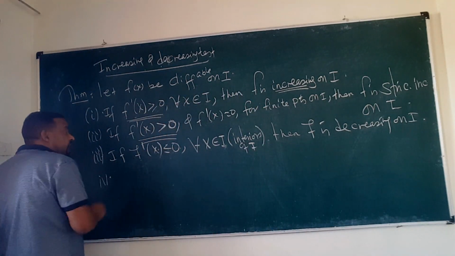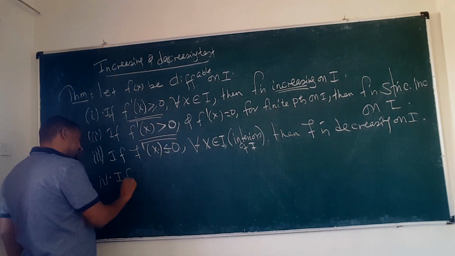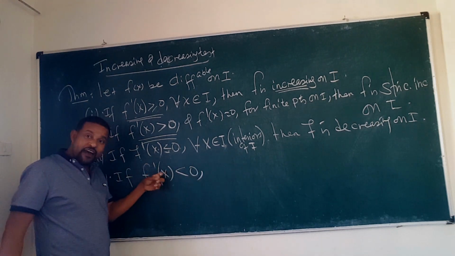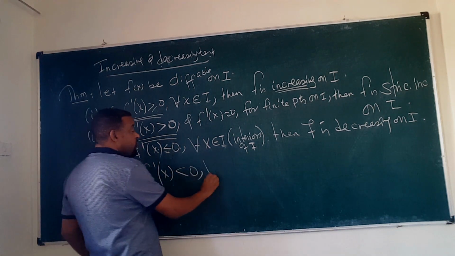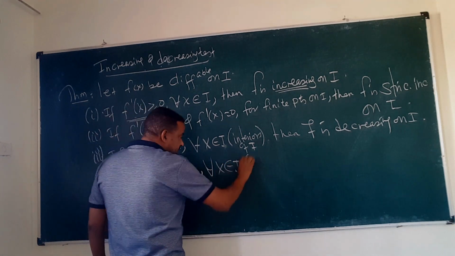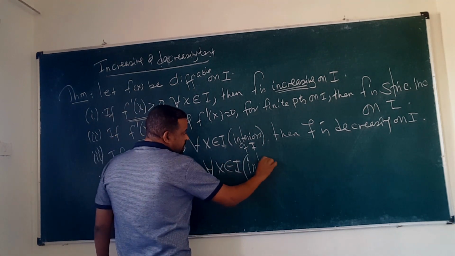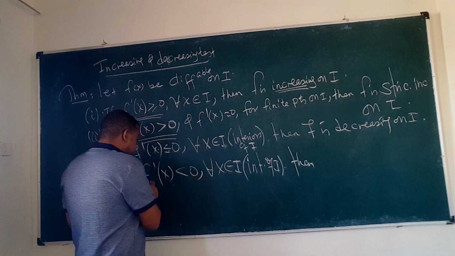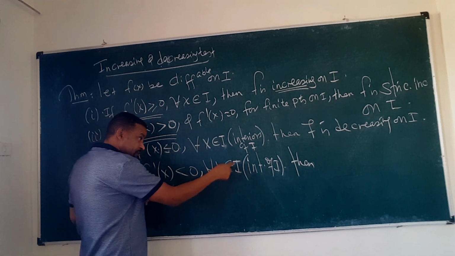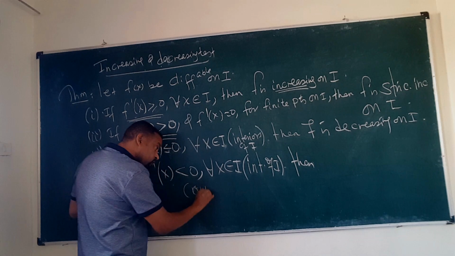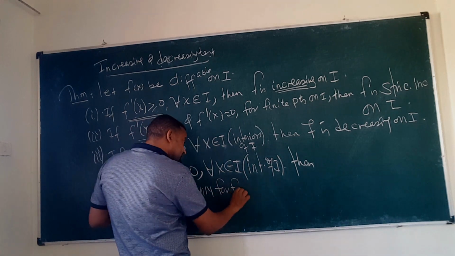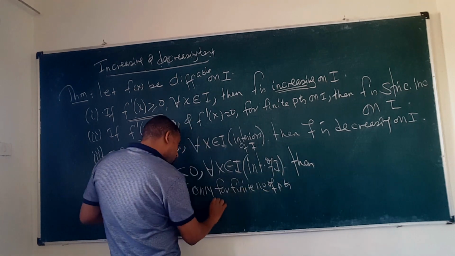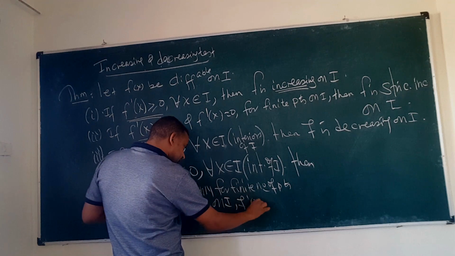And fourthly, look, the strict version. If this first derivative at x is strictly less than 0, for all x, of course, coming from I, in the interior of I, and only, look, only for a finite number of points on I is the derivative at x equal to 0.